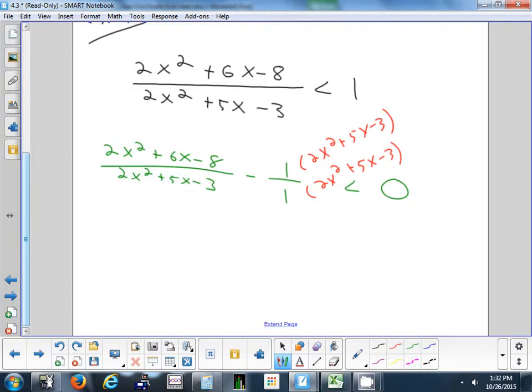Okay, so what I really have here is 2x squared plus 5x minus 3 over 2x squared plus 5x minus 3. That's 1. Okay, so put down our common denominator, 2x squared plus 5x minus 3. Now, the fraction on the left, it's already got the common denominator. So all that stuff stays the same.